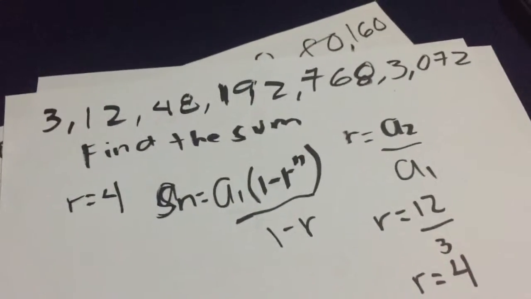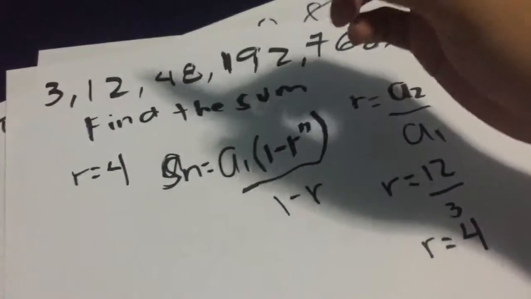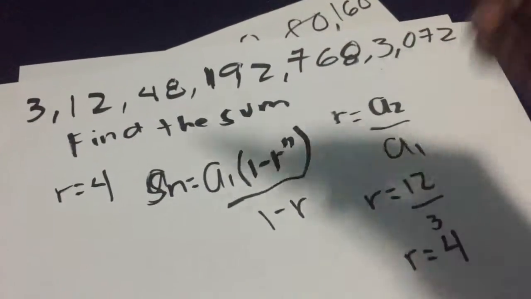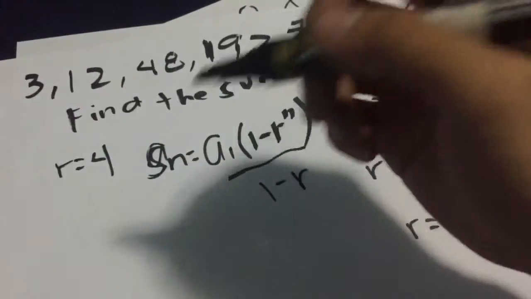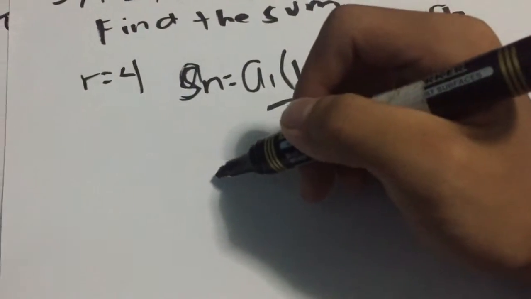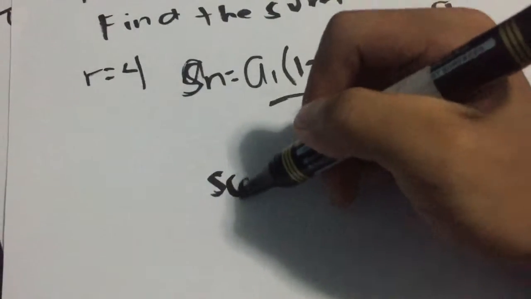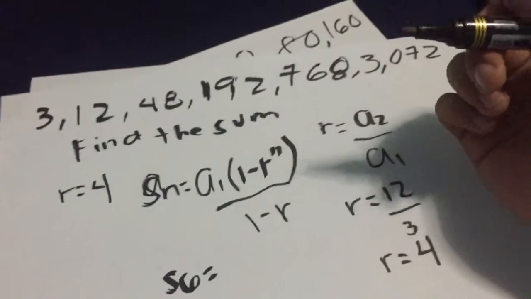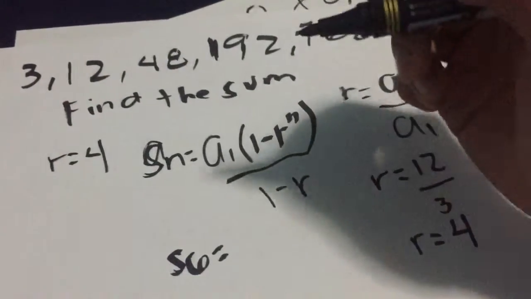So we are asked to find the sum of the 1, 2, 3, 4, 5, 6 numbers. 6 numbers or terms, so we're going to put here S6 because it is the sum of the 6 terms.